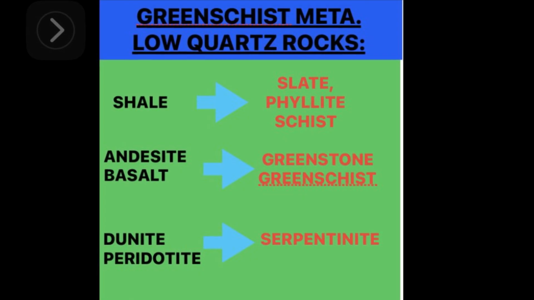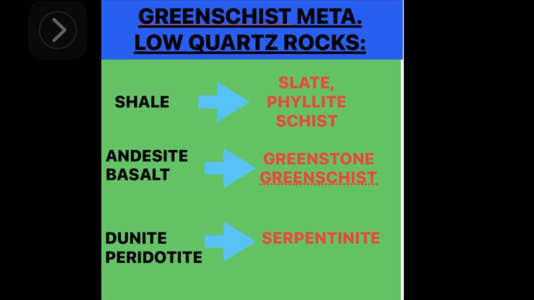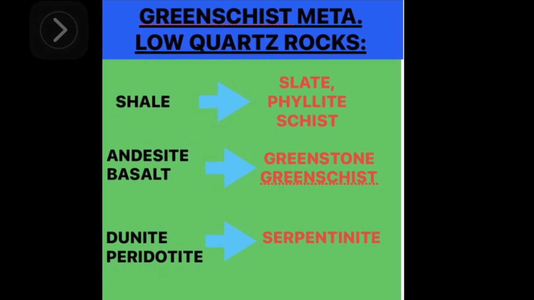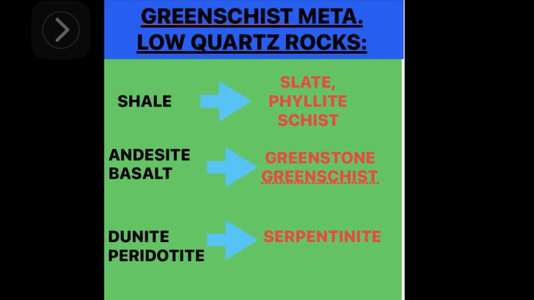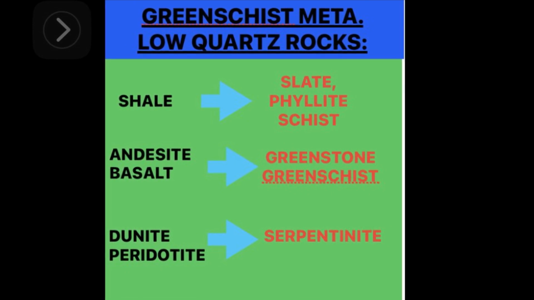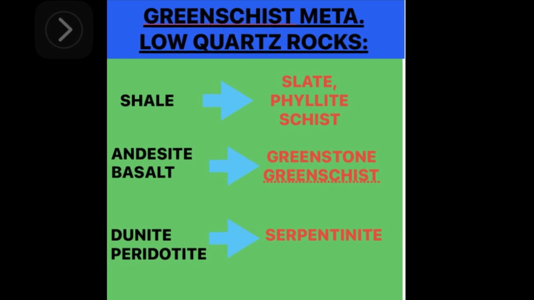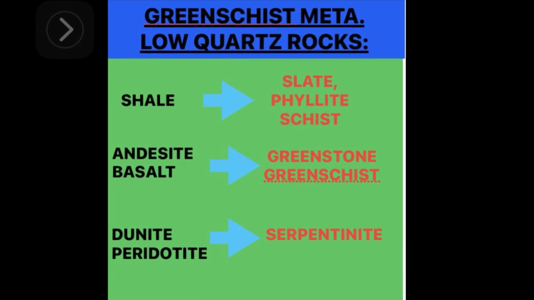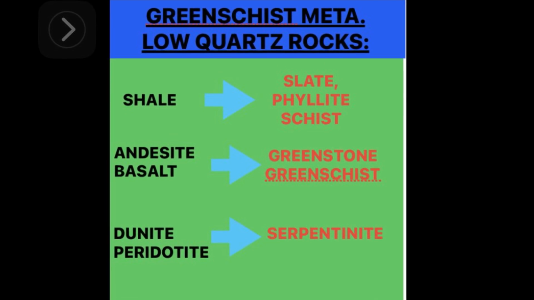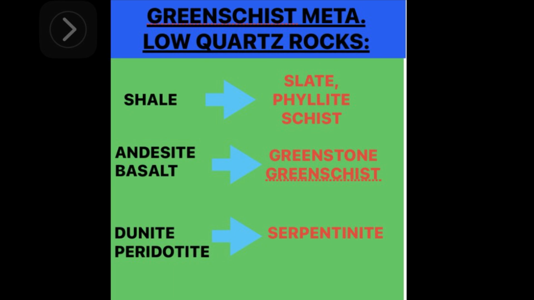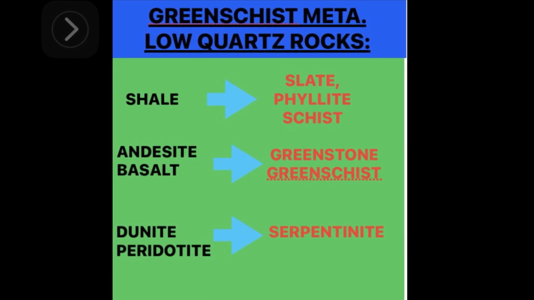Now we're looking at how Greenschist metamorphism affects low-quartz rocks, rocks that don't have a lot of quartz in them, and here we see some changes. Hydration and schist formation is the name of the game here. Shale is progressively formed into slate, phyllite, and finally schist. The minerals in andesite and basalt, a couple of lavas, are transformed into green-colored minerals, and you get greenstone.